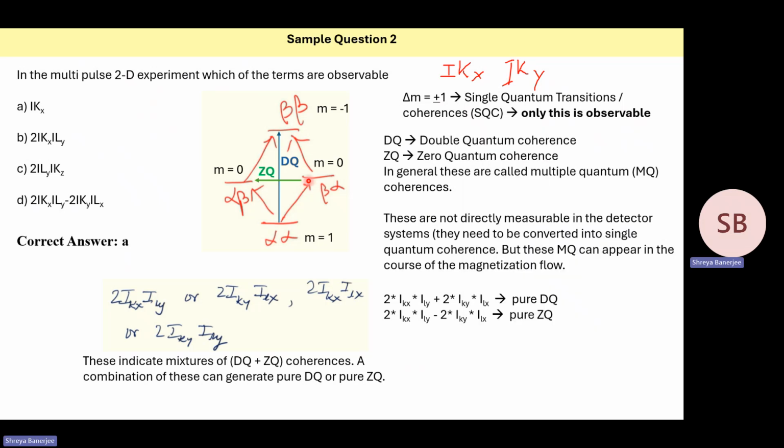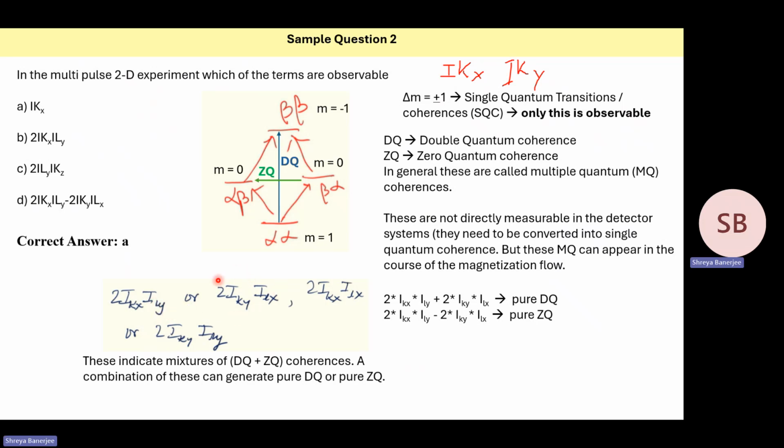Now this is a single spin term, so it's only the spin K in the X direction. You can have different spin terms, like 2IKX ILY, that is the spin K in the X direction and the spin L in the Y direction.